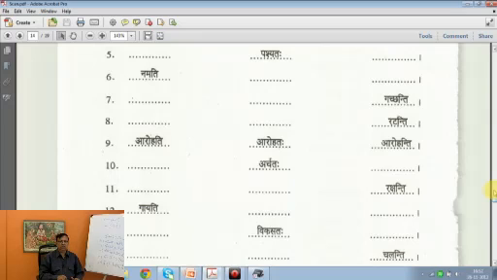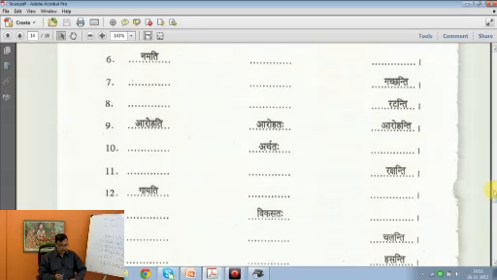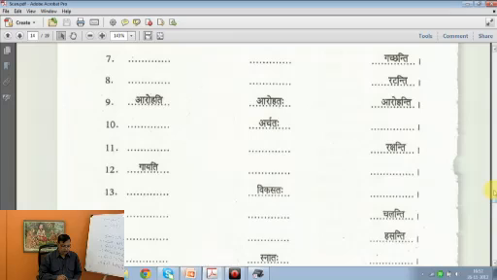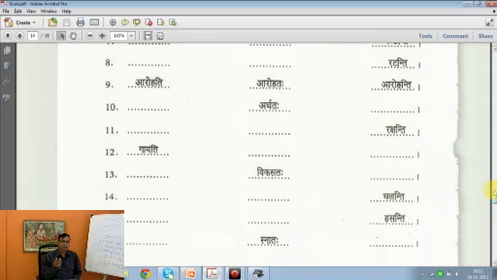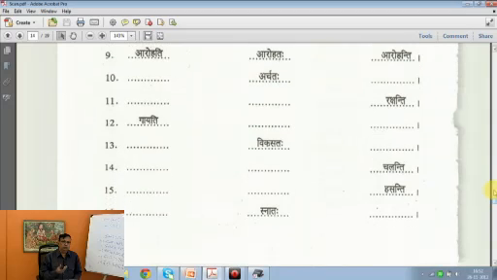Rakshati, rakshataha, rakshanti. Raksha means to protect. That's a popular verb. Gayati, gayataha, gayanti, which we have already come across, singing. Vikasati, vikasataha, vikasanti. Vikasati means blooms, blossoming. So pushpam vikasati, a flower blooms.